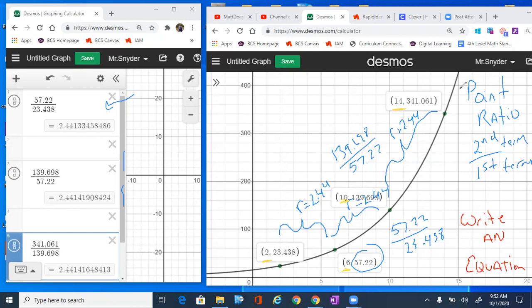To get from the 2nd to the 6th, we go 1, 2, 3, 4 spots in which we are multiplying by the unit rate: R times R times R times R. So R to the 4th is equal to this big gap ratio of 2.44.